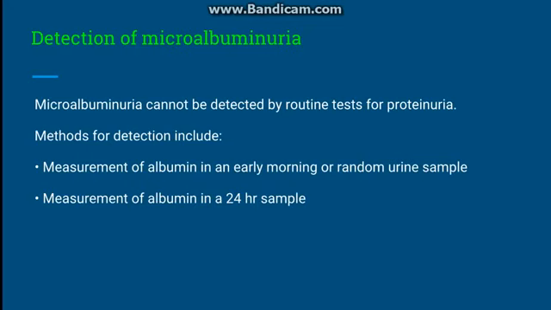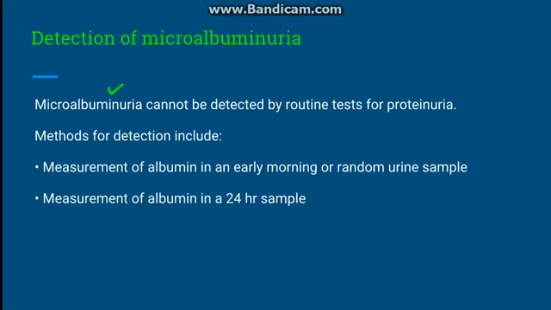Now, normally the tests which we are doing do not detect microalbuminuria, and it is very important to check for this because it is an earlier marker for diabetic nephropathy and also an independent risk factor for cardiovascular diseases.